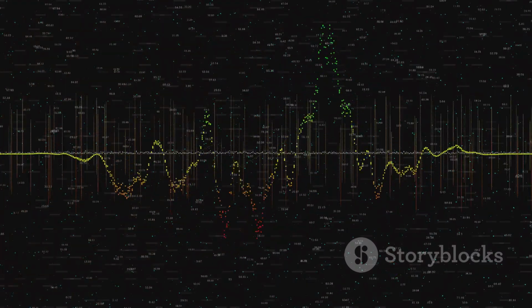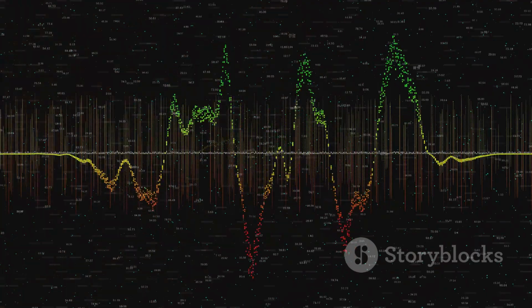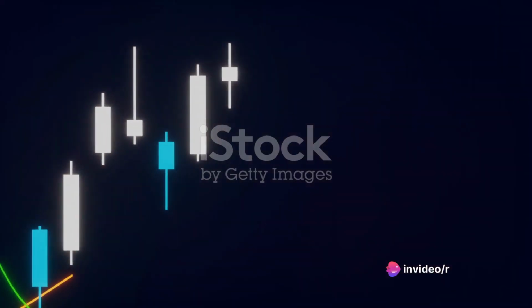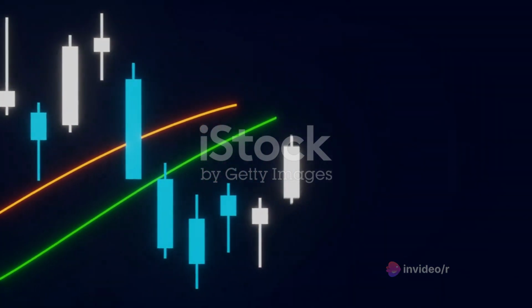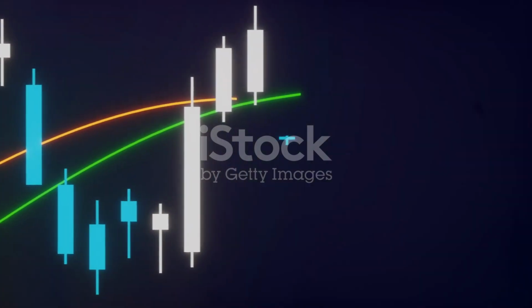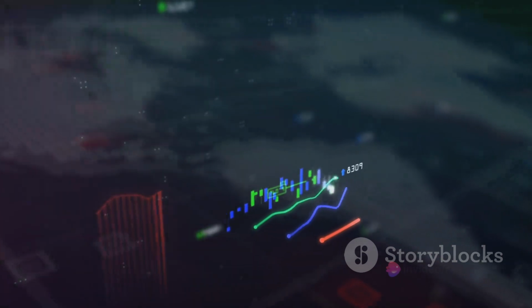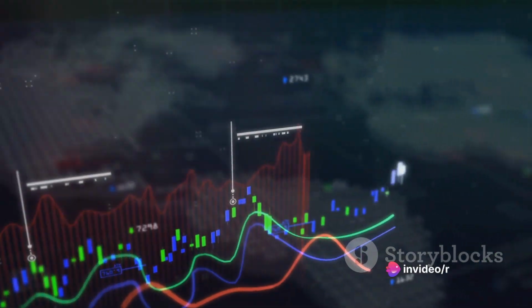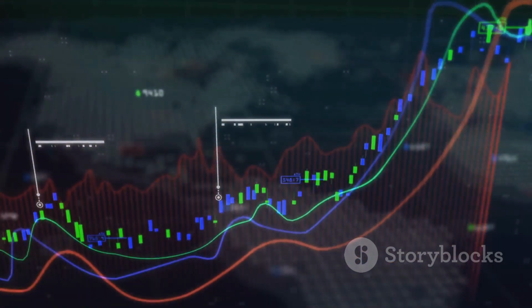Think of it as a piece in a puzzle that, when combined with other pieces, gives you a clearer image of the market's trajectory. For instance, you may use the stochastic RSI alongside the Moving Average Convergence Divergence, or MACD, and Bollinger Bands. While the stochastic RSI may indicate overbought or oversold conditions, you can use the MACD to spot potential trend reversals, and Bollinger Bands to identify volatility and price levels that are in overbought or oversold conditions.